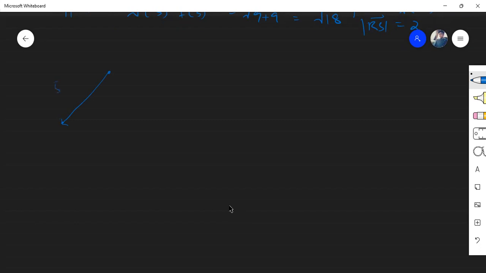This force is 5 newtons, and it makes an angle of 35 degrees with the vertical. So this angle is 35. How will you represent this vector in a column matrix, in a column vector?